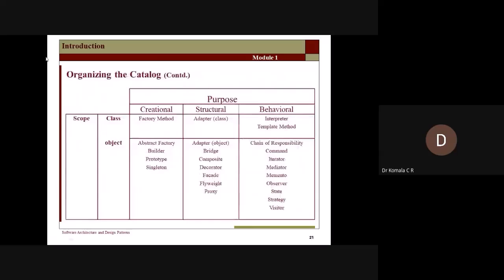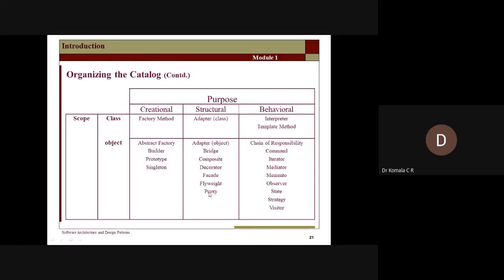This one. Scope includes 2 things. You can apply the pattern either to class or to the object. If I go for class, then in the creational part I have to choose factory method. In structural I will go for adapter. In behavioral I go for interpreter and template method. This is purpose. Purpose includes 3 forms. What are those? Creational part, structural part and behavioral part. If I apply the pattern to object, under creational part these are the pattern types I have to go for.